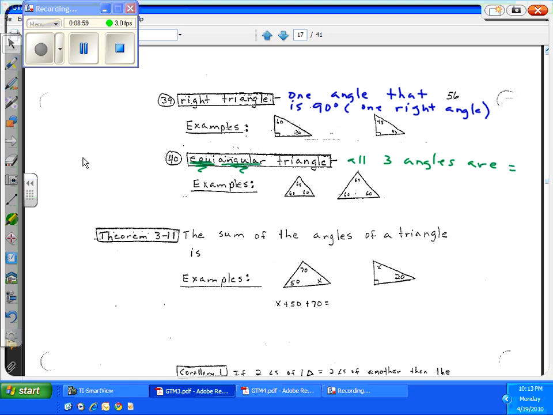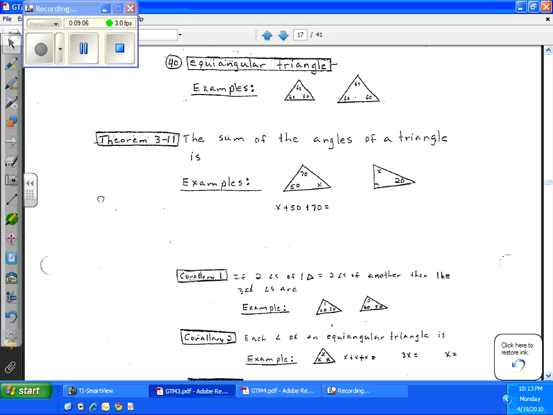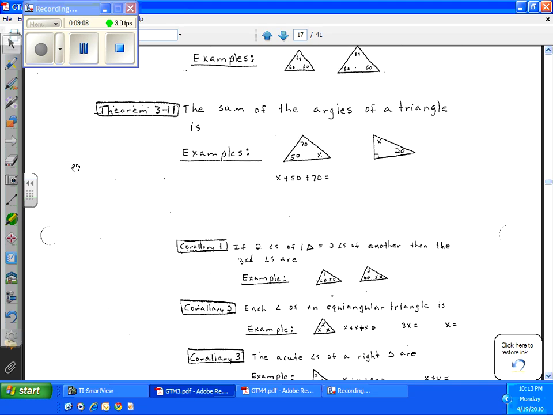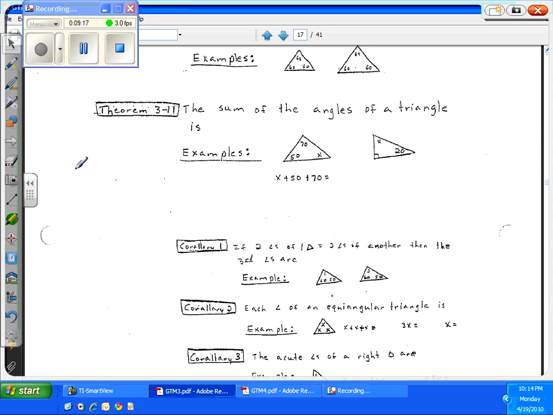We learned in Algebra 1, and we could do some proofs of this in geometry, and we're not proving everything in 2-column proof form in geometry. We're actually discovering it with a compass and a protractor and a ruler. Although we could do 2-column proofs of anything that says theorem.